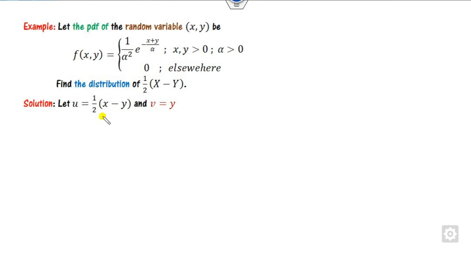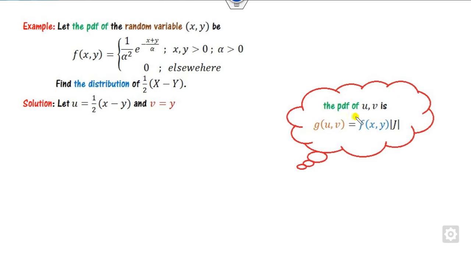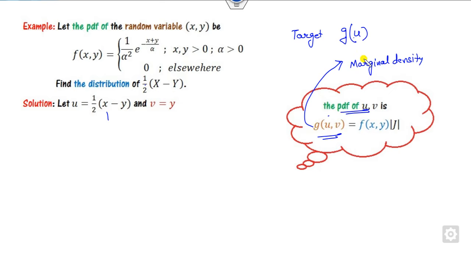So I consider u as this and v as y here. Then our target is to find this. But what is your target in this question? It is the distribution. If I call g my function, half x minus y is u. How can you find g of u from this? This is nothing but my marginal density function. So our first target is to find the joint PDF, and then we will find the marginal.